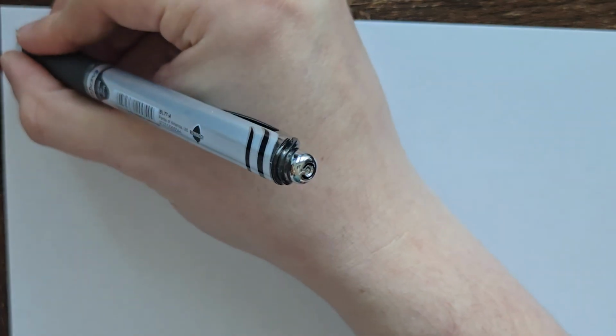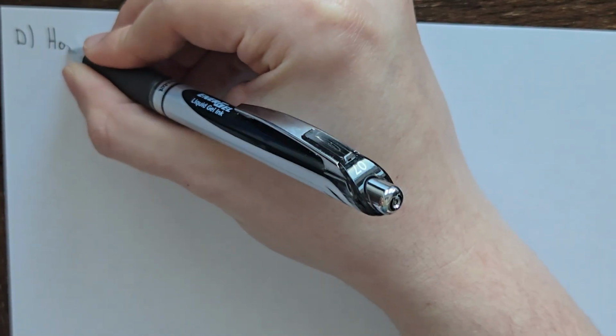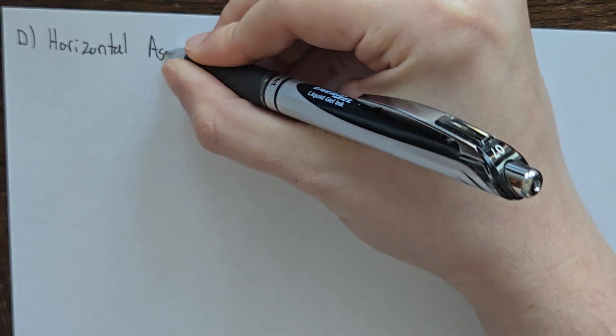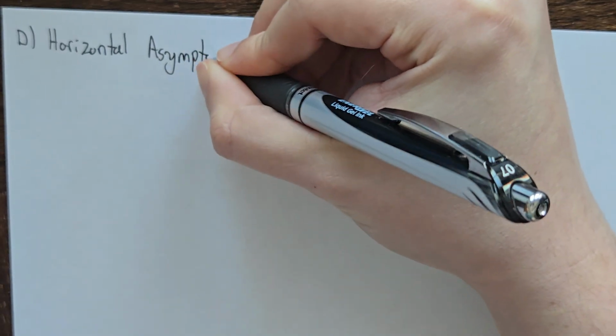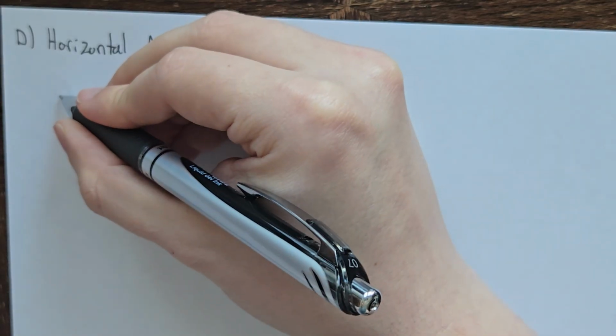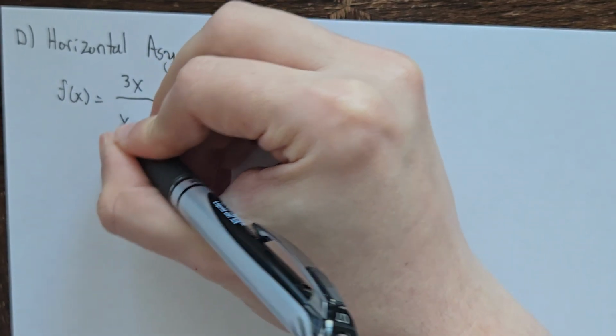Part D is asking us to find horizontal asymptotes. And as a reminder, the function that we had is f of x is equal to 3x over x squared minus 4.